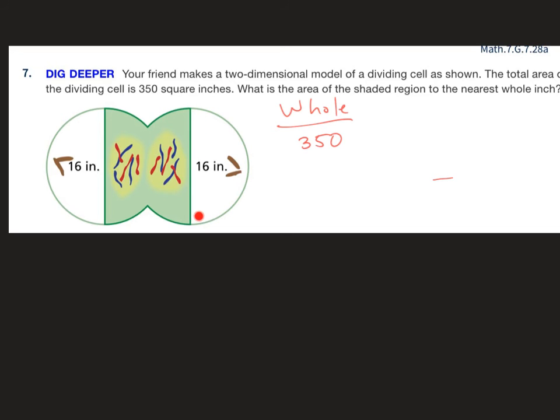So what is this shape? Pause it if you want, but this shape is a semicircle. The area of a semicircle is half of the area of a whole circle. But wait a minute, what's this over here? The diameter of this half circle is 16.